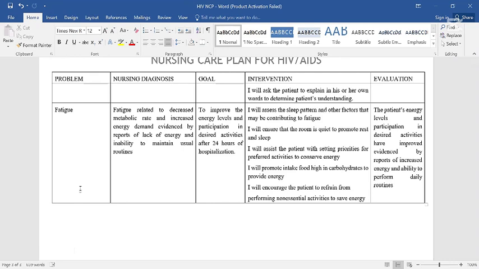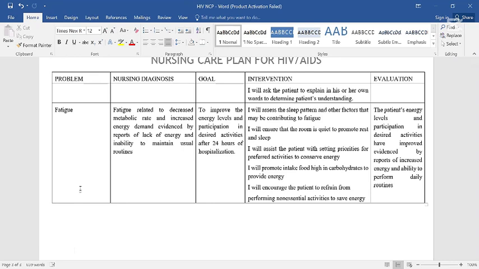The second one is I will ensure that the room is quiet to promote rest and sleep. So that one is straightforward. Number three, I will assist the patient with setting priorities for preferred activities to conserve energy.